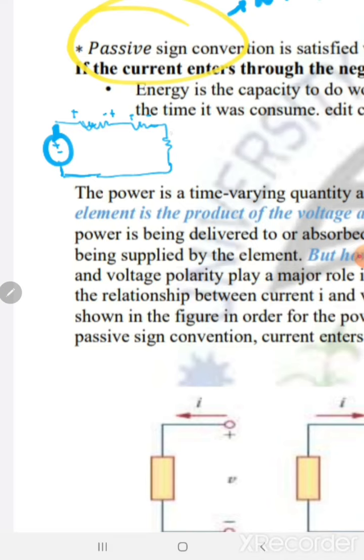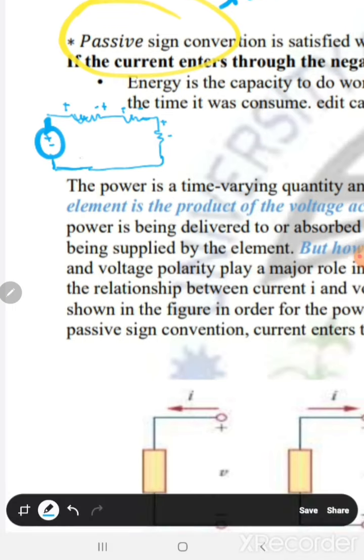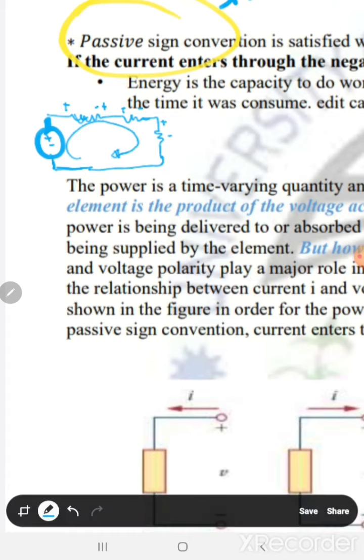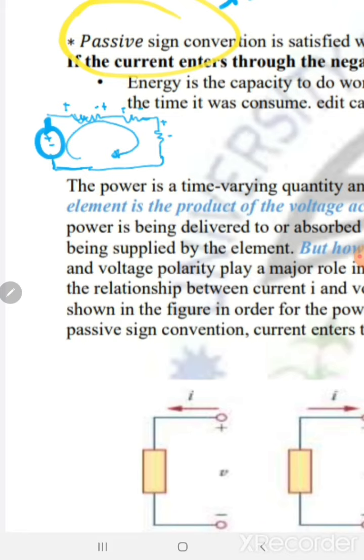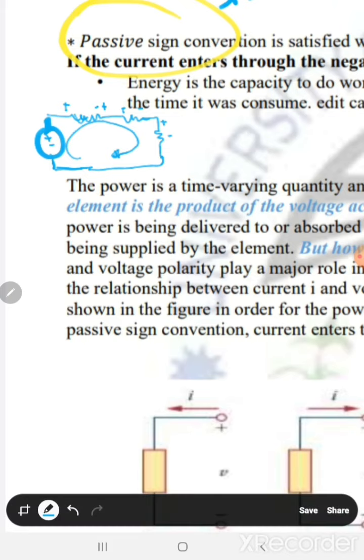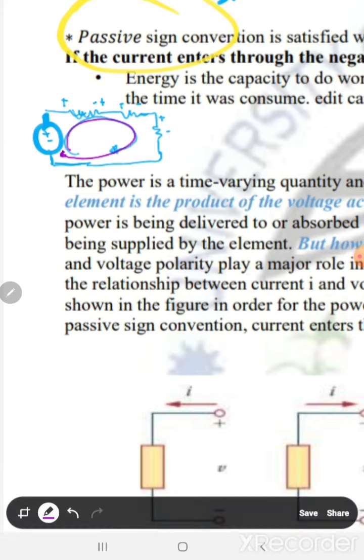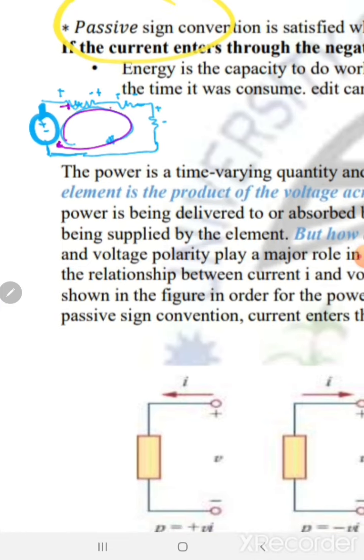Positive all entering. So if you create a loop here, you will have a positive sign convention. Where this arrow enters, that will be your sign. So this one, your arrow is entering the negative of your source. And then it is entering the positive of your resistance, positive of your resistance, positive of your resistance.